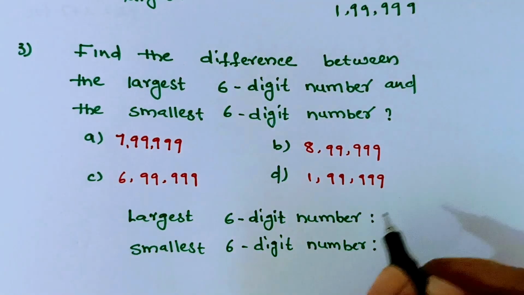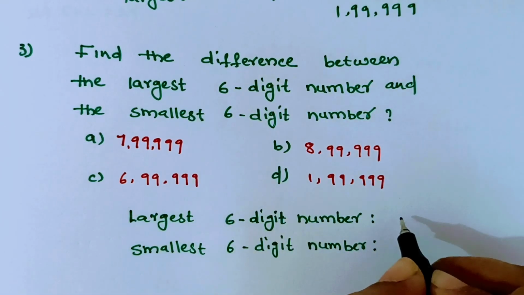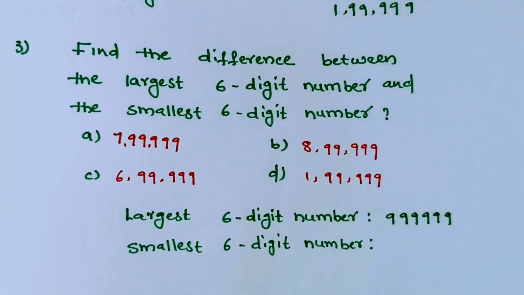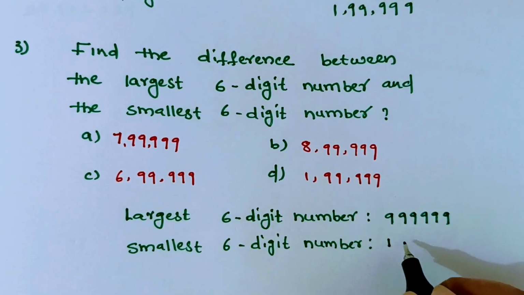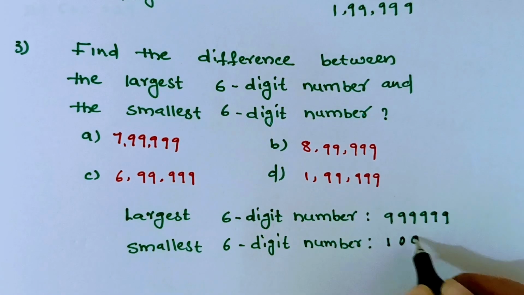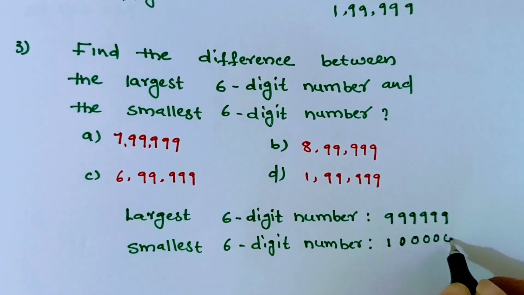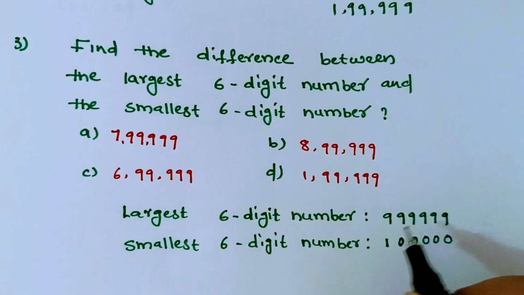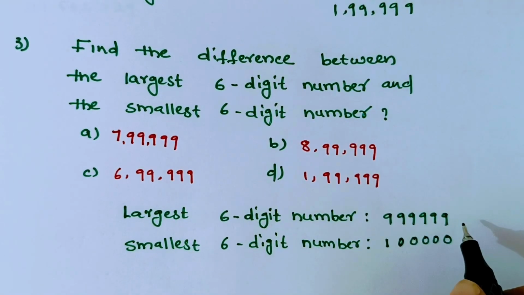Apply the trick: 6-digit means six 9s. The smallest 6-digit number is 1, remaining all zeros. This is the starting number of the 6-digit numbers, and this is the ending number of the 6-digit numbers.